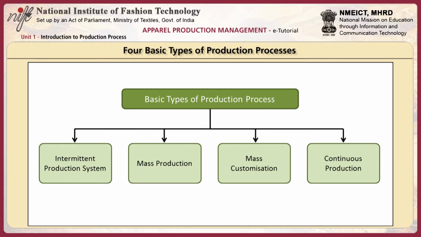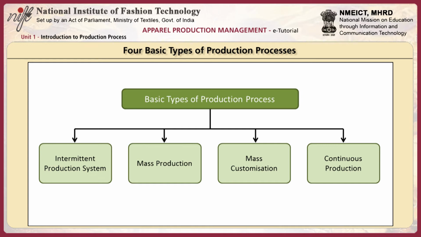The 4 basic types of basic production processes are intermittent production system, mass production system, mass customization, and continuous production processes.